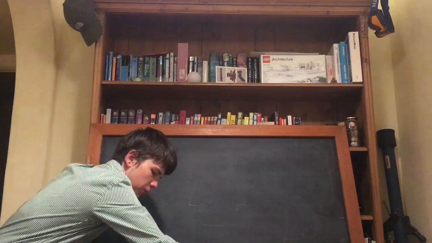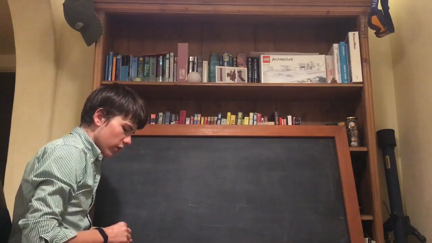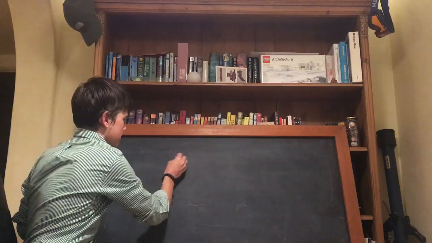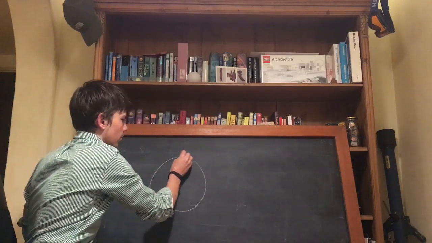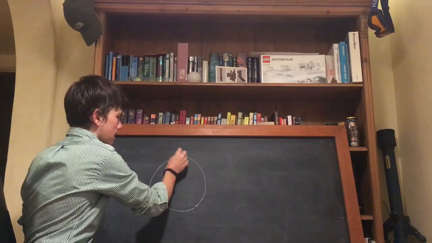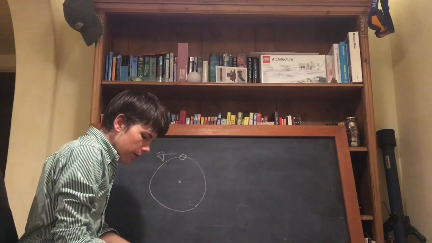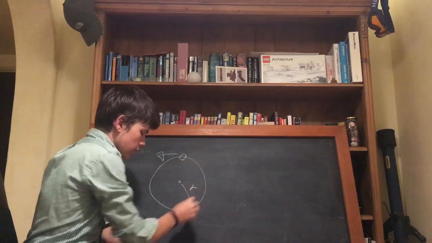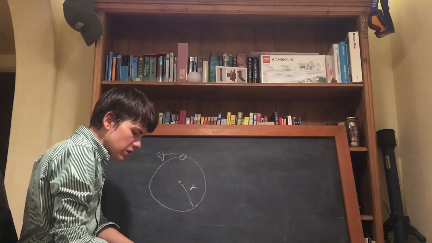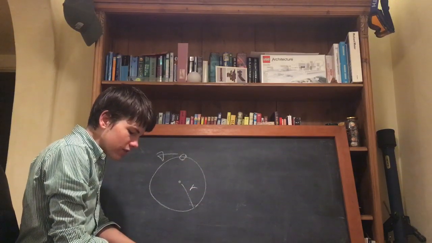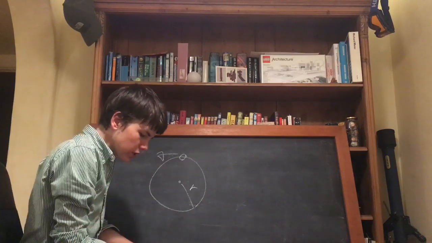Let's solve problem number 32. So here it says you have an orbiting particle with radius r, and we want to find the angular momentum of the particle about the center of the circle as a function over time.